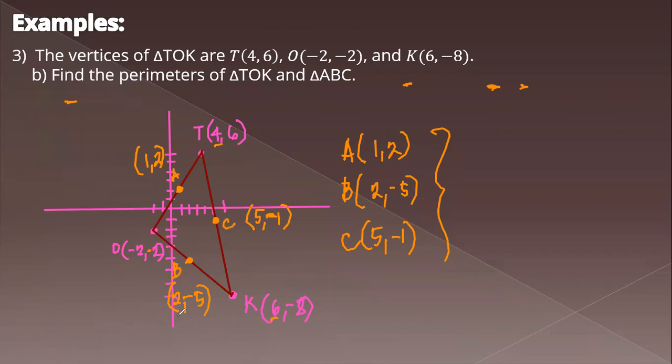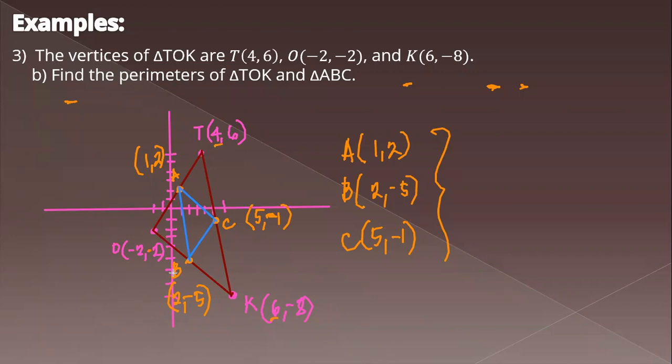If we're going to connect those points, makakabuo tayo ng another triangle dyan. So our another triangle is this one. Ang sabi dito, let us find the perimeter.